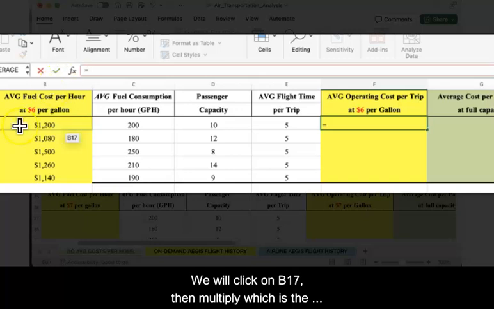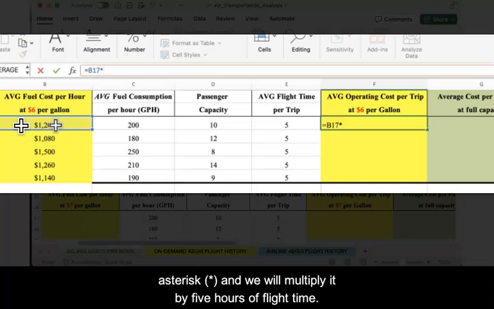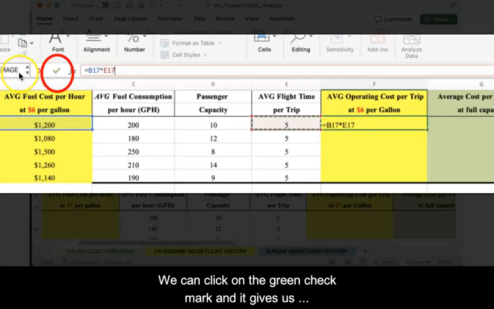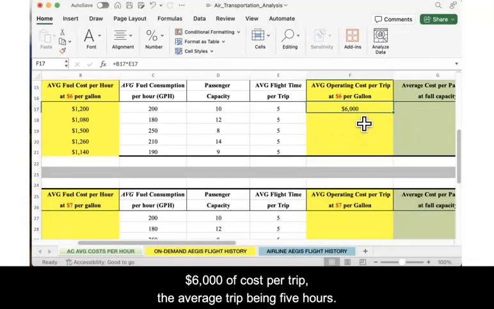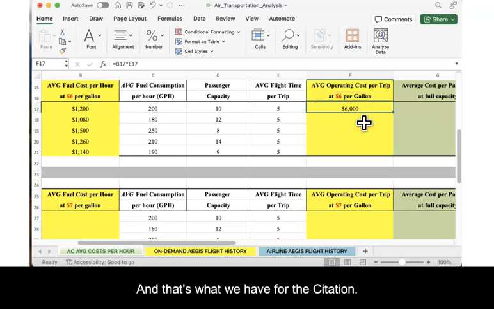We will click on B17, then multiply, which is the asterisk, and we will multiply it by 5 hours of flight time. We can click on the green check mark, and it gives us $6,000 of cost per trip, the average trip being 5 hours, and that's what we have for the Citation.